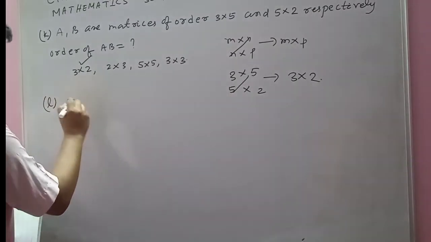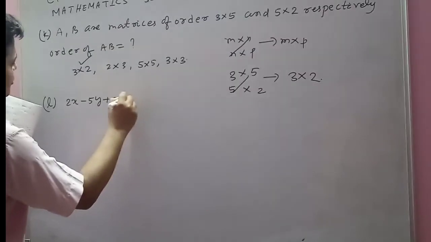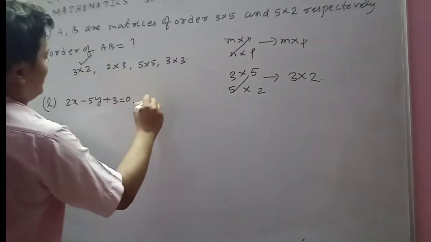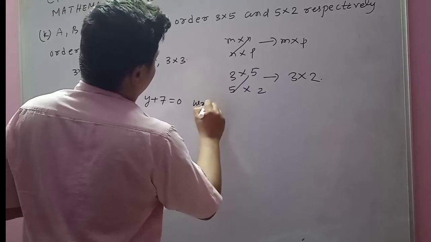Now come to the next one. 2x minus 5y plus 3 equal to 0, y plus 7 equal to 0. Write in matrix form.